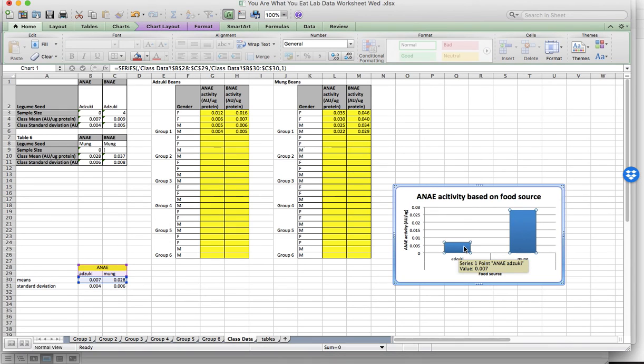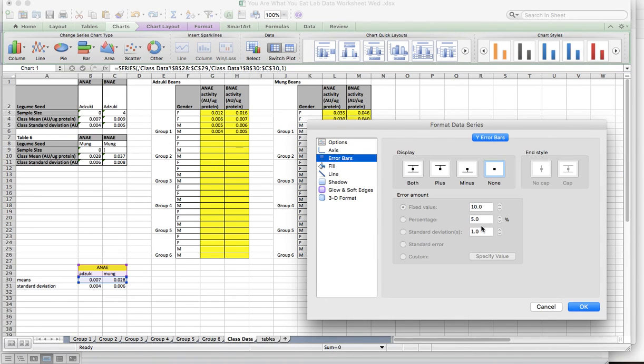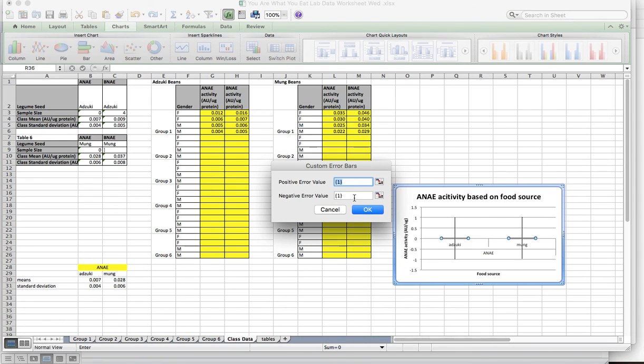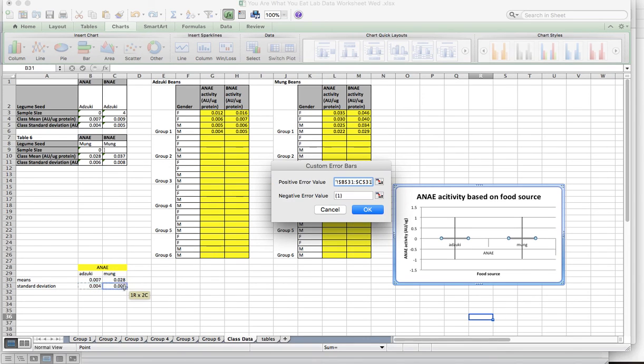Next, we want to plot the standard deviation, which would be our error bars. So make sure to include that in your legend. So you click on error bars, and we want to do both. So that's plus and minus, and click on custom. So you click specify value, and what you need to do is actually just select the standard deviation in the same order that you selected the means.